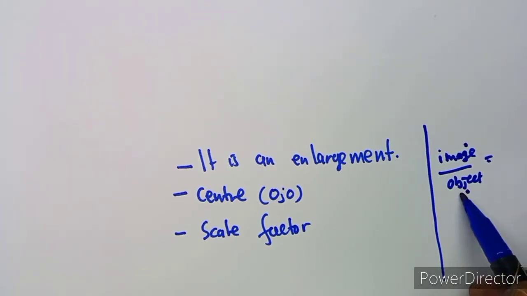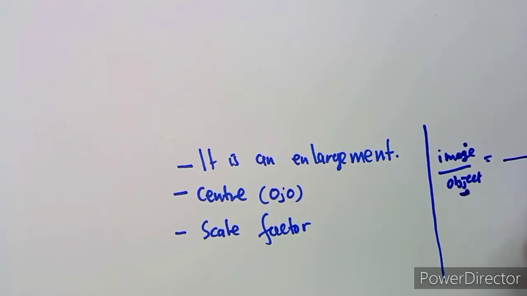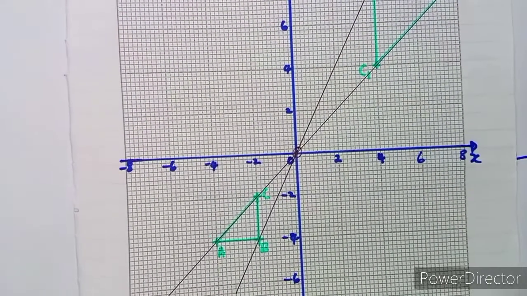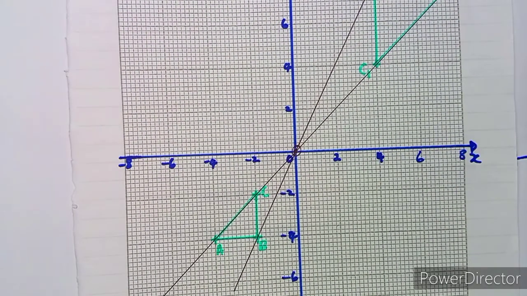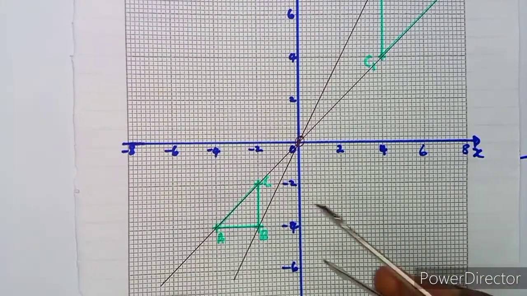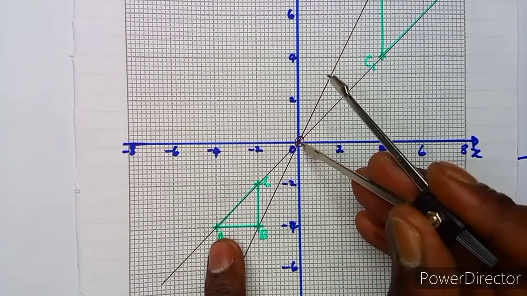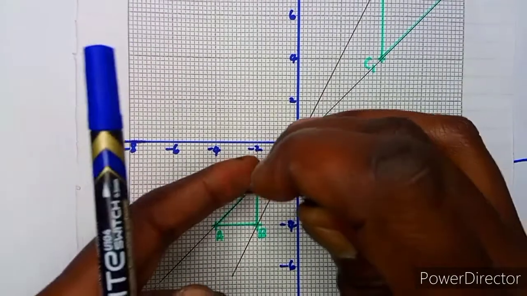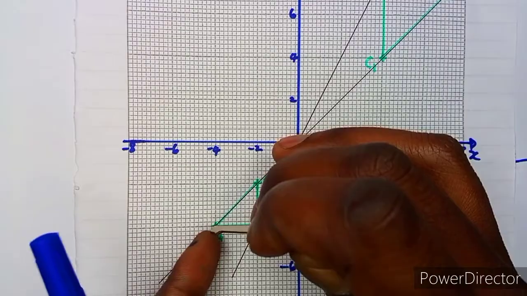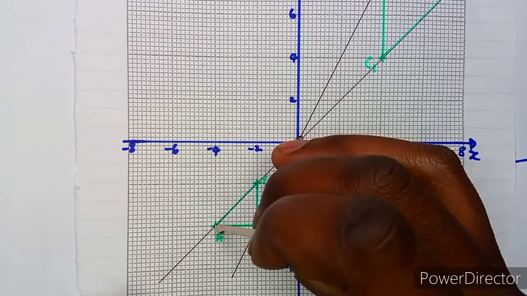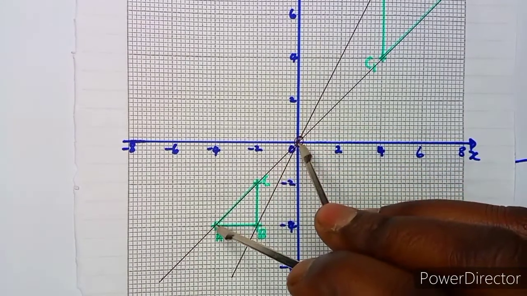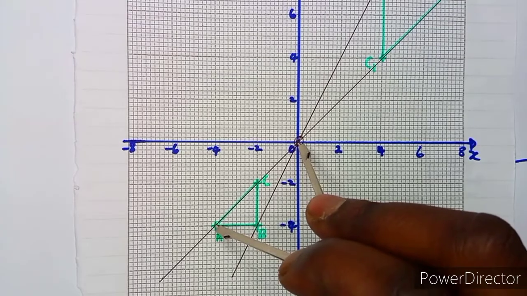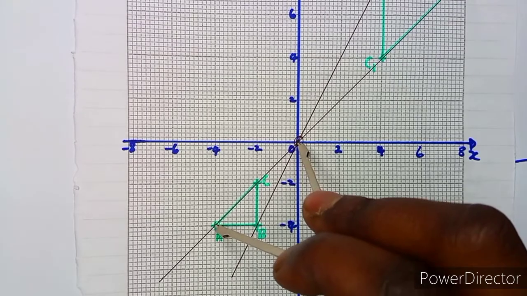So measure this one first, the object one, that is how many units there are of the object. You're going to take as your reference point, when I'm saying from the center, this is my center here. So just measure from O here to the point A, that is object from the center. You're going to take this one as 1 unit, because this is the one that you have from your reference point.